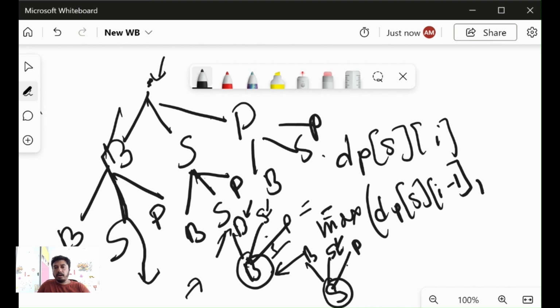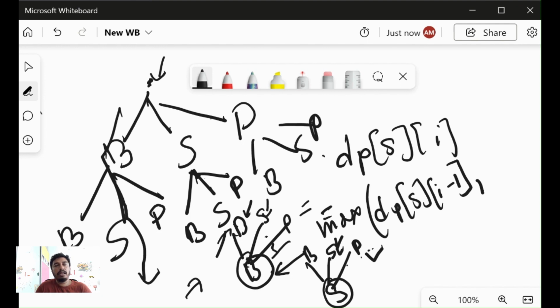If you remove the pass also, why this pass is not valid, I will explain later.